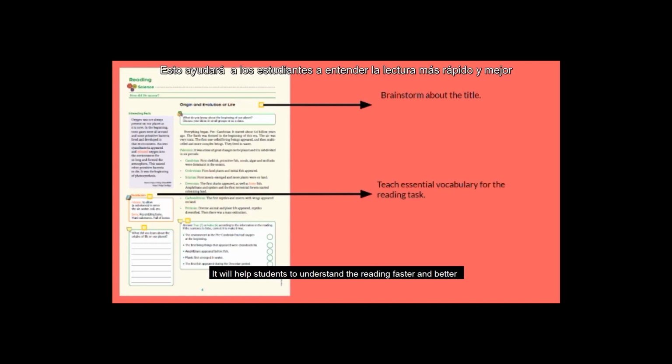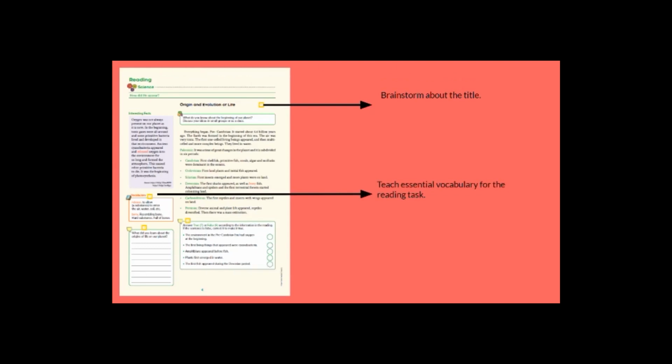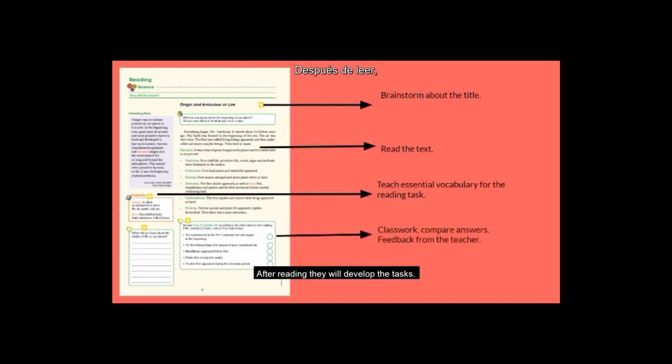After that, it's very useful to teach essential vocabulary for the reading task. It will help students to understand the reading faster and better. Then, students will read the text. After reading, they will develop the tasks in a classwork where they will have the opportunity to compare their answers.